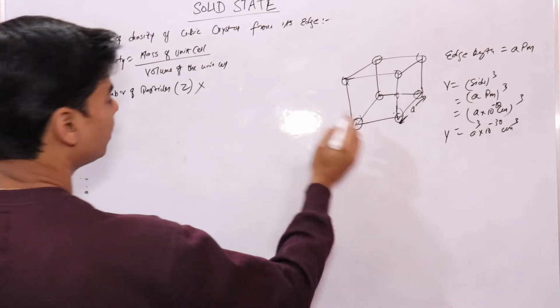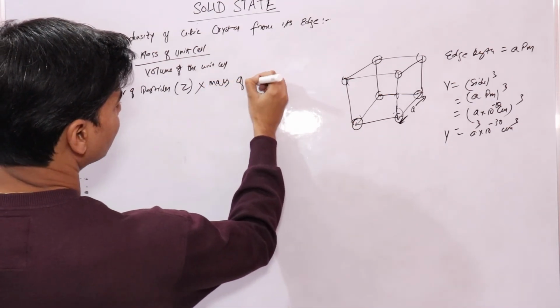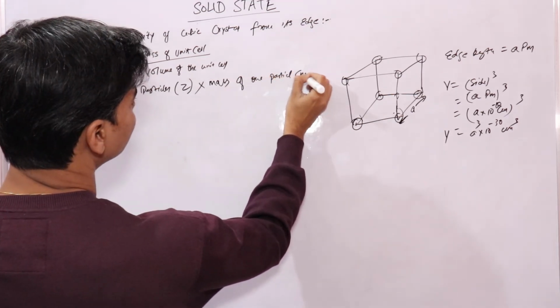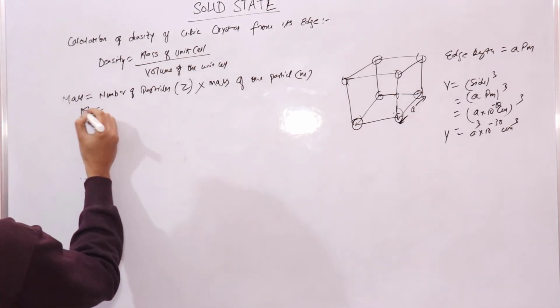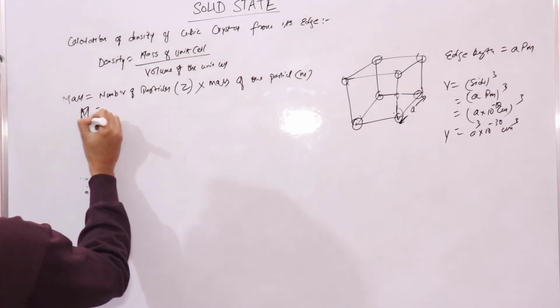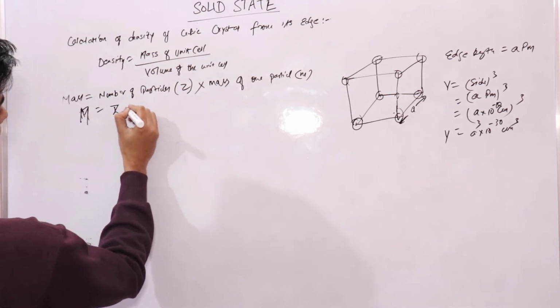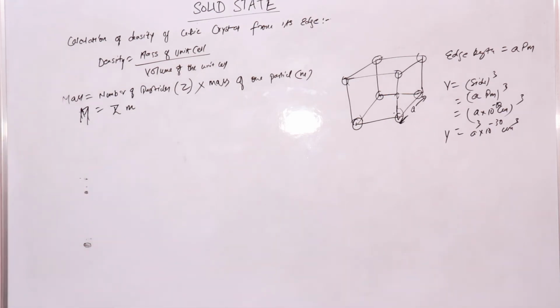Now the mass of one particle, we will use the mole concept, represented by small m. So the mass of the unit cell would be equal to Z, the number of particles, into m, the mass of one particle.